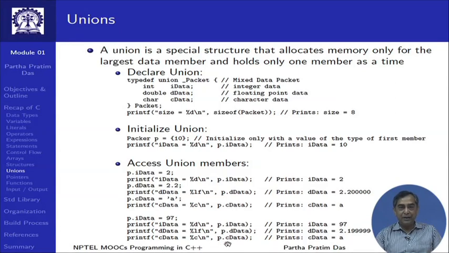The final interesting thing is that if you access it as C data, then you are actually accessing 97 as C data, and you see you are getting A. Why? 97 is the ASCII code of A. C data possibly is 1 byte here, which means that it can contain up to 255.